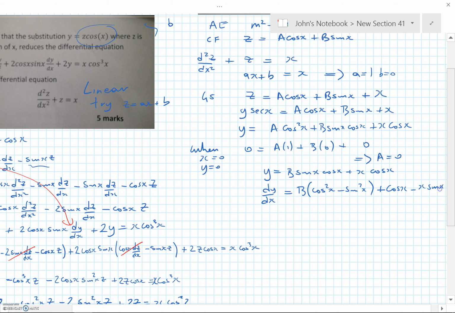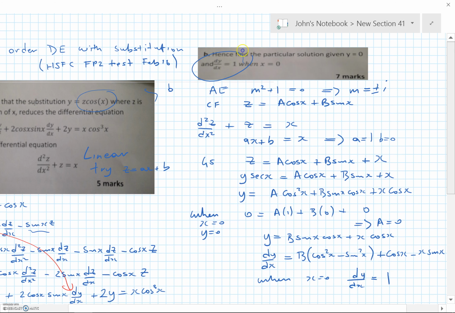So now I can just say when x equals 0, dy by dx equals 1, because that was what's given in the question.